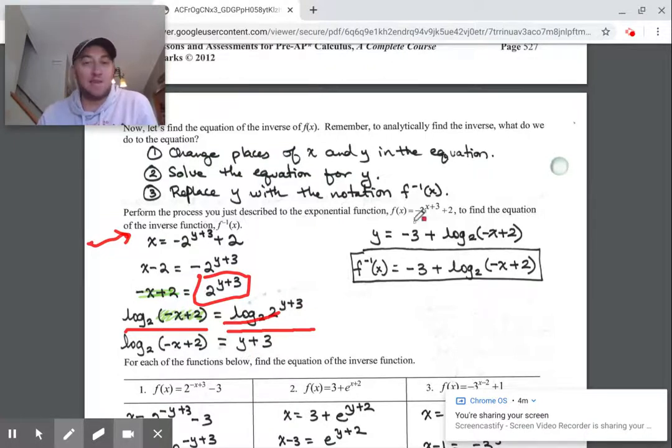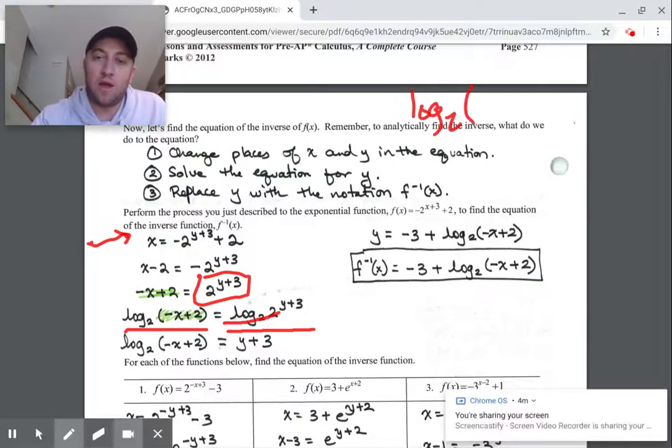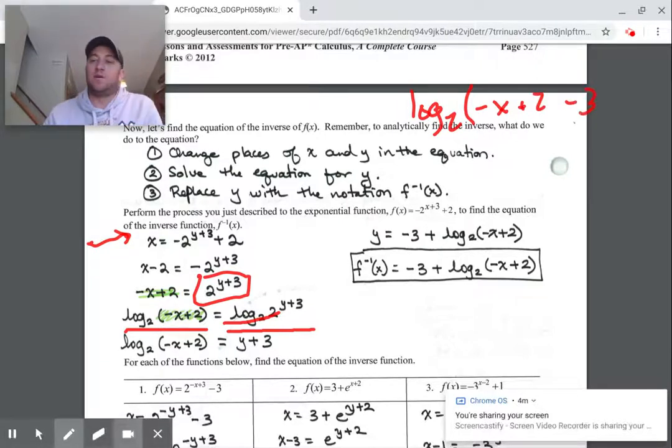They write it as -3 plus your log base 2 of -x plus 2, instead of writing it as log base 2 of -x plus 2, and then -3. The reason why they do that is because sometimes I've seen kids that'll write log base 2 of -x plus 2 and then -3.